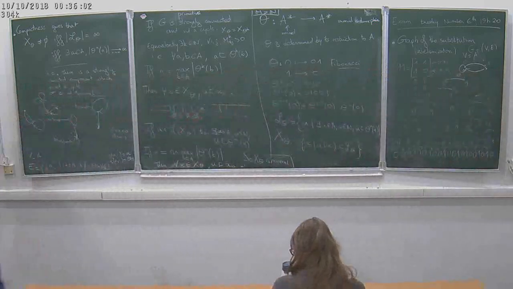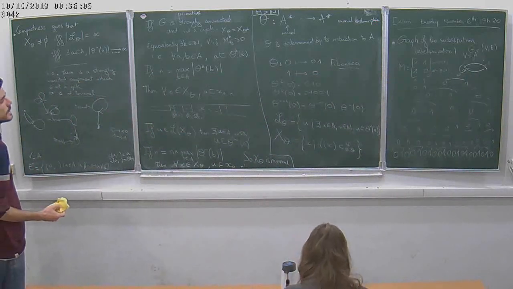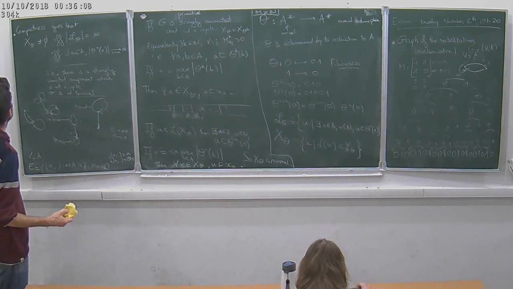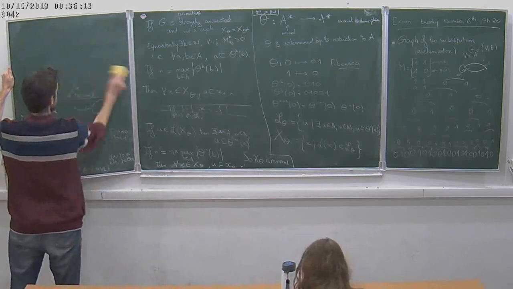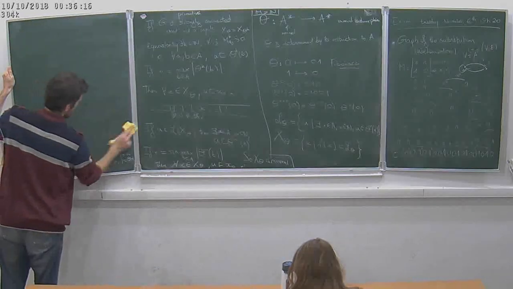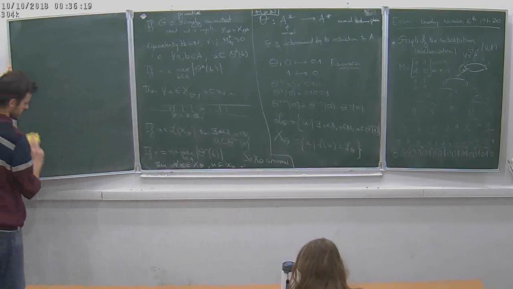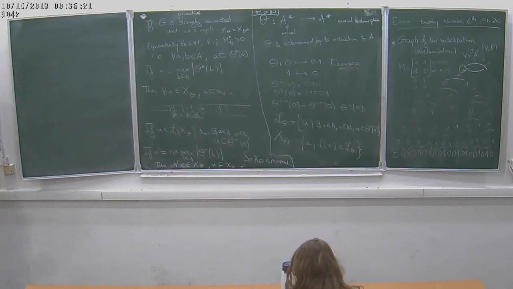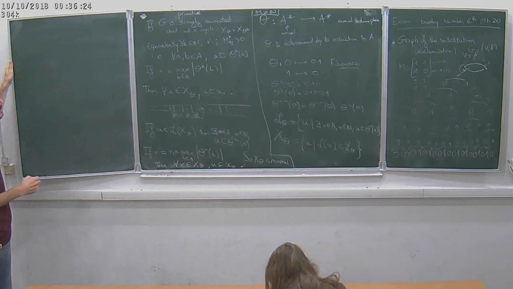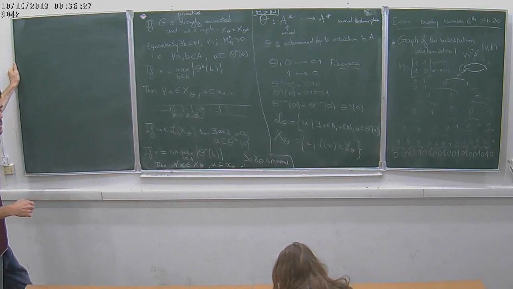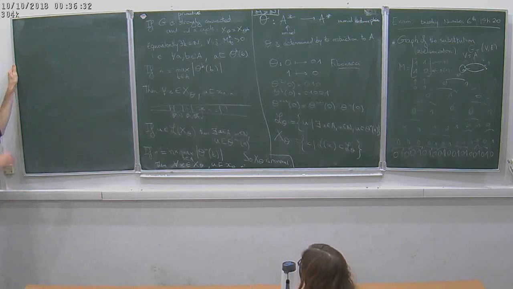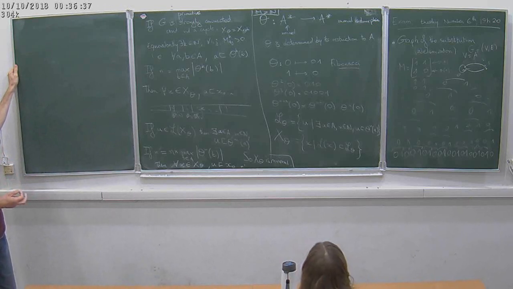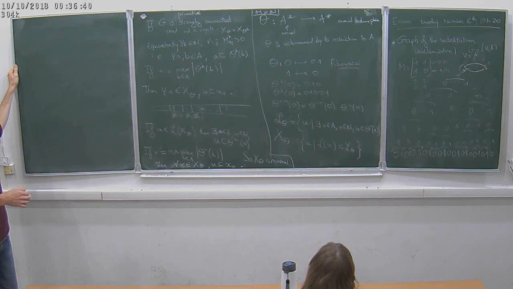Maybe two more things on Fibonacci. So first of all, what will be the entropy of such a thing? It's not so obvious, but actually it's zero, because the number of patterns grows very slowly.